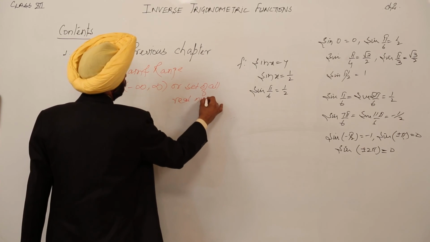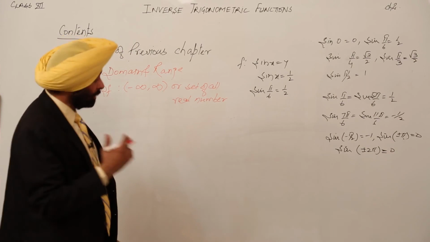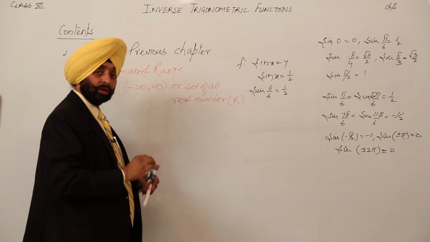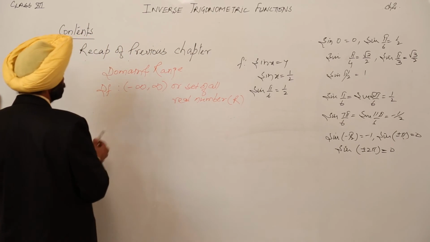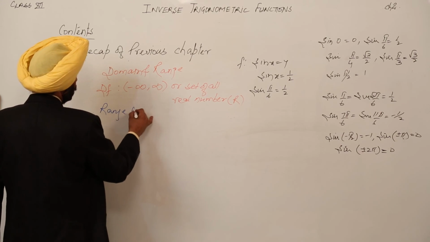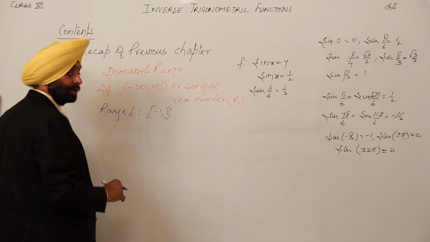The set of all real numbers is called R. Now let's move to the range. What is the range of the function? It was the closed interval minus 1 to 1.